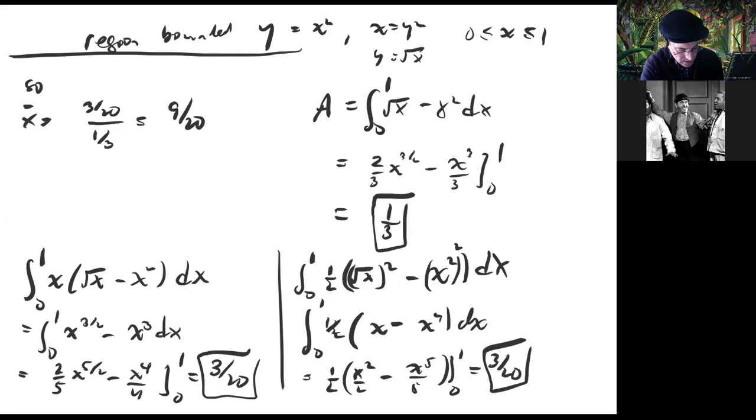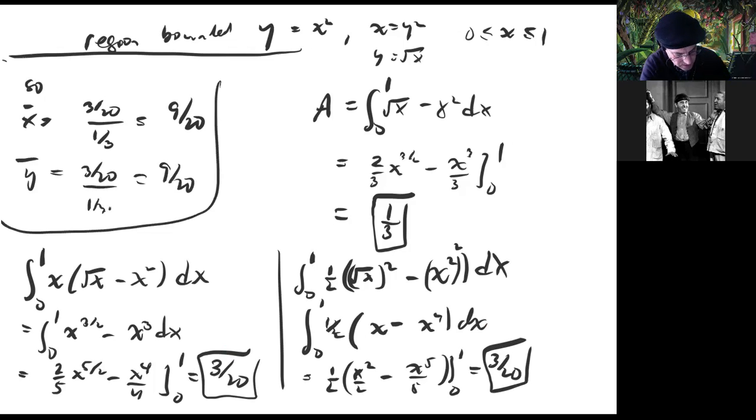That comes about because I'm taking this expression we computed here and dividing it by the area. And then y bar is actually the same answer in this case. It's 3/20 divided by 1/3, which is 9/20. So this is the coordinates of the centroid, the center of mass of the region between the two parabolas, and that is all.